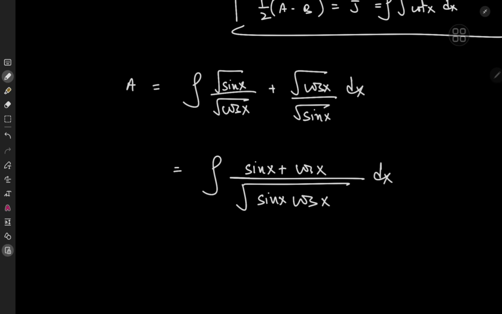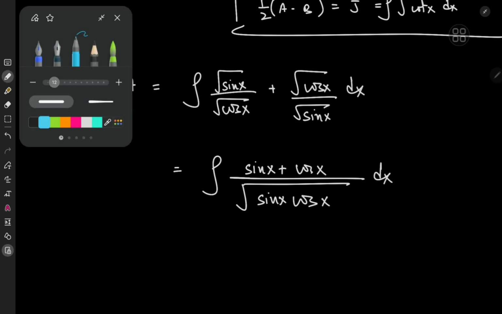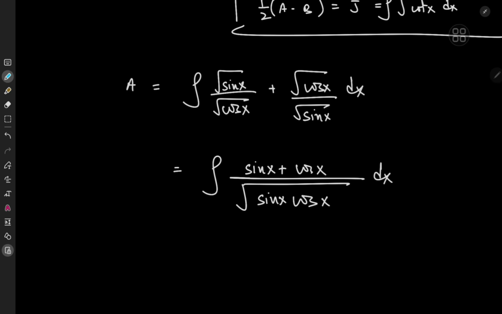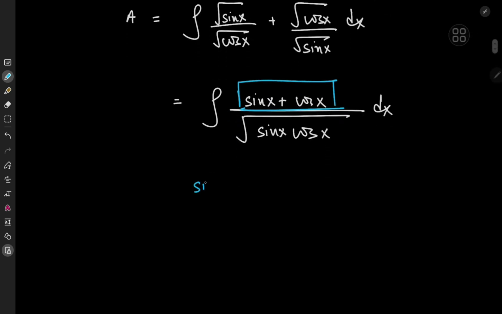Now, what I need here is a substitution, but the substitution is not immediately clear. But we could use a hint. Whatever substitution we invoke, we'd want the differential element to turn into sine x plus cosine x times dx. That's what we want our differential element to be. So this is what we know.